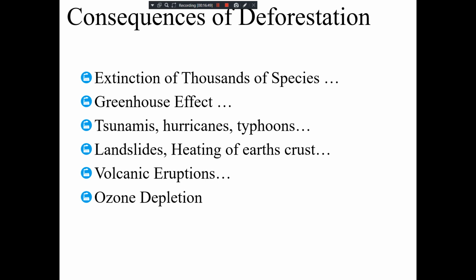The sun rays can pass through, but the heat generated here will not go out to outer space. Heat will not dissipate into outer space. As a result, here on land, there will be increased temperature.